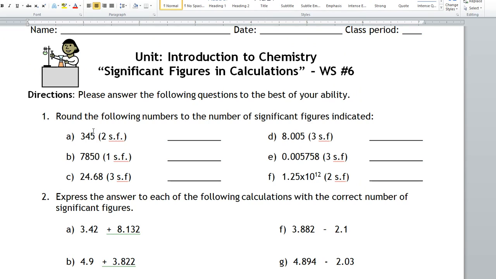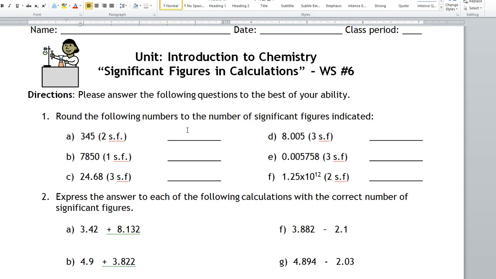So that does not mean that I just lob off the 5 and maybe round that to 5 and put 35. That's what I will have some students do. They think that because I'm asking to decrease my number of sig figs that I don't want the same number here, but I do. It needs to have 3 places. It needs to be 300 something.